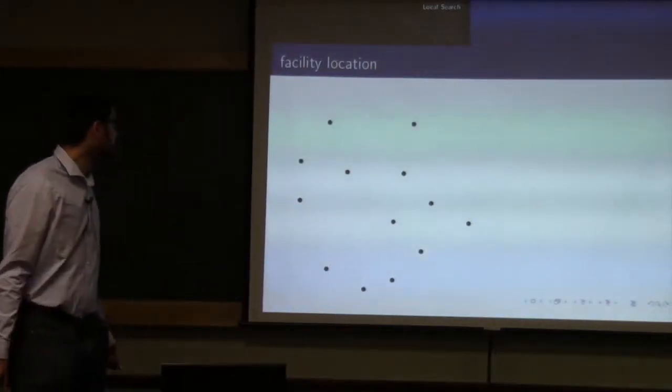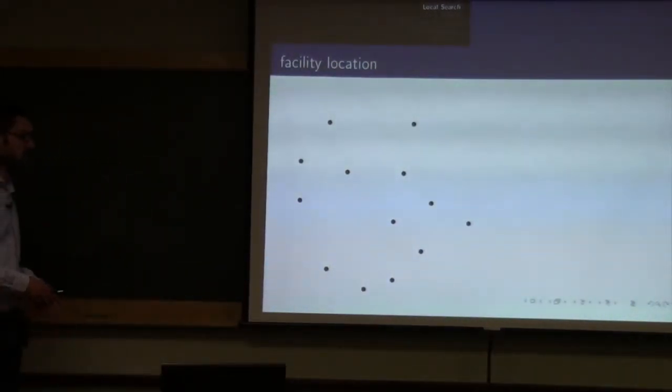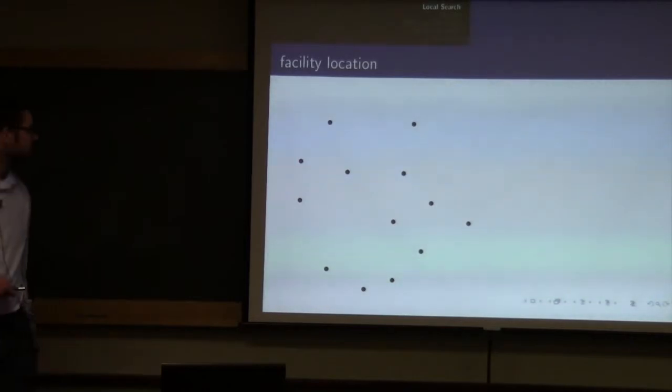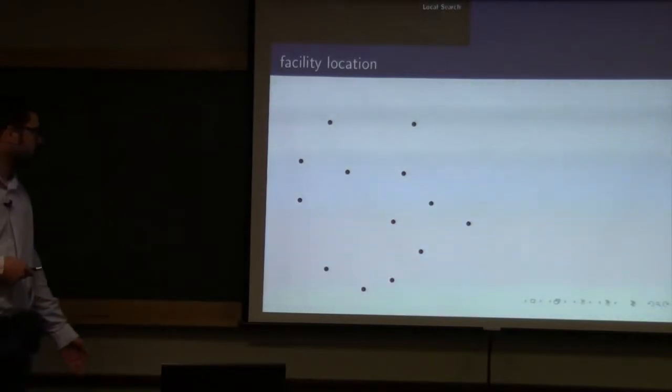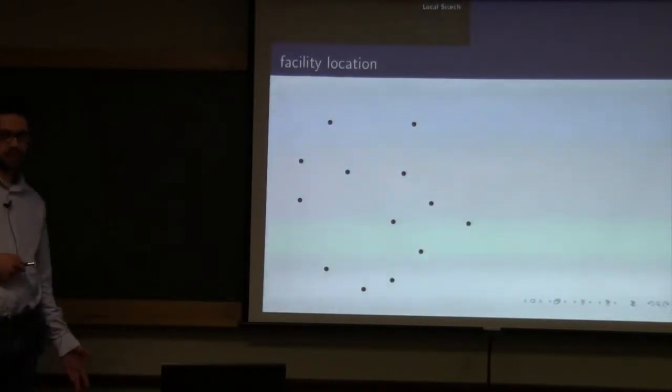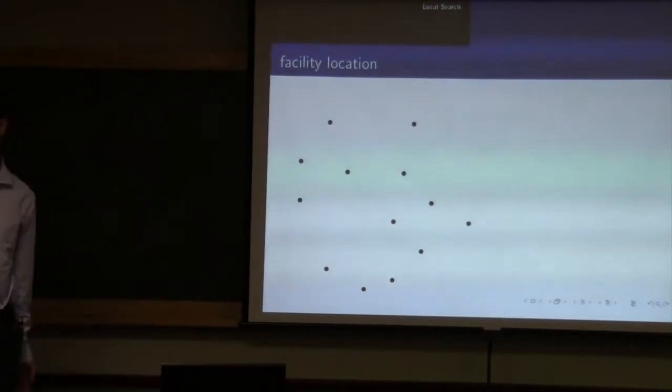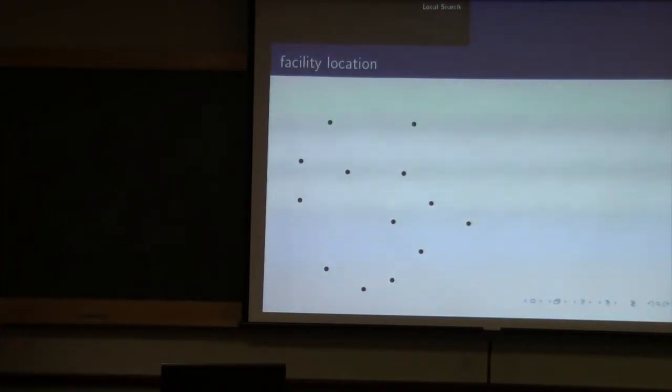Okay, now I'm going to talk about a more sophisticated example. And this problem is called facility location. In this problem, we would like to locate some number of facilities. So they might be hospitals or parks or this kind of things.